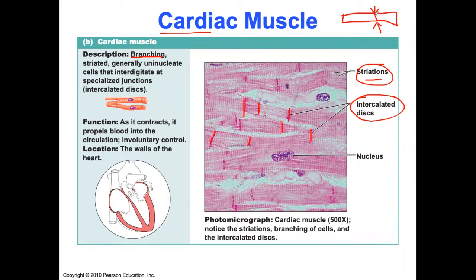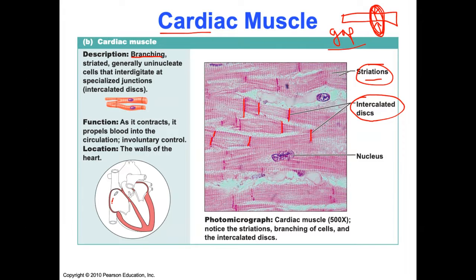But if we were to pull these apart, we would see that the junction located right there at the intercalated disc is a gap junction. Now, gap junctions, if you remember from your reading, are used for fast, rapid forms of communication.